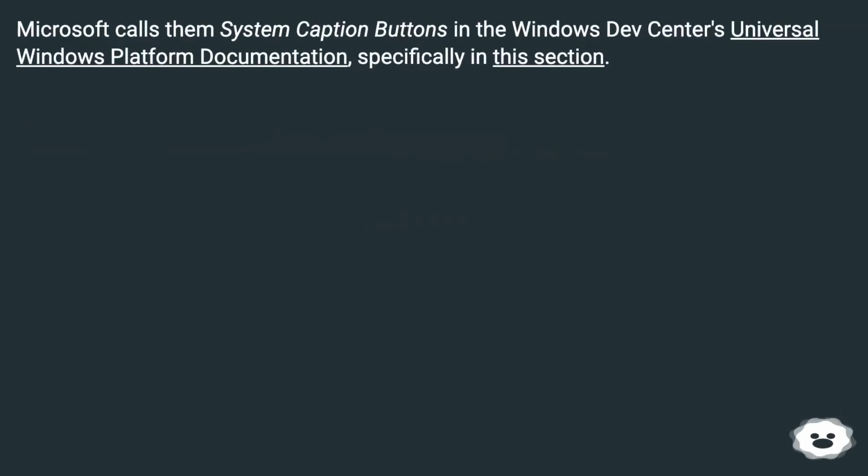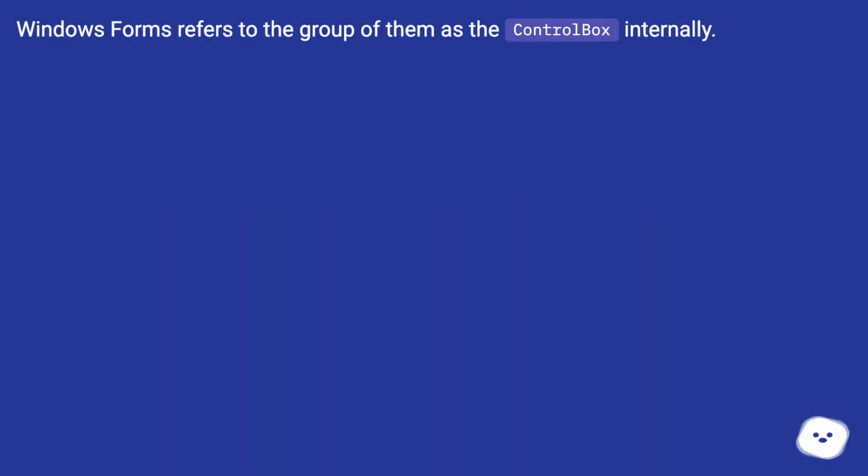Microsoft calls them system caption buttons in the Windows Dev Center's Universal Windows Platform documentation, specifically in this section. Windows Forms refers to the group of them as the control box internally.